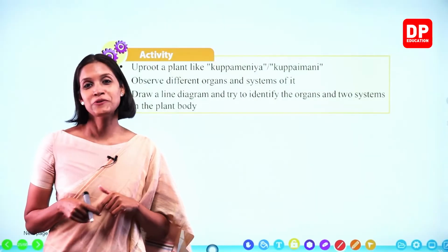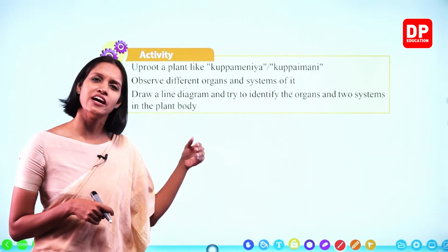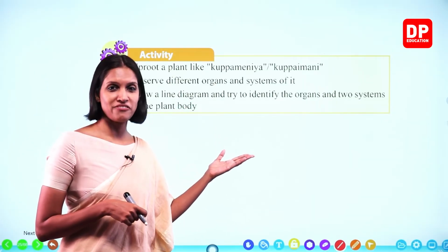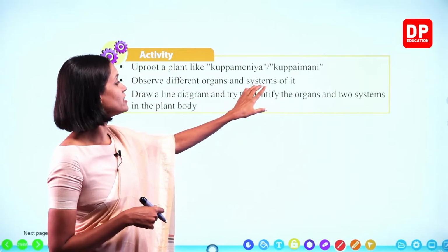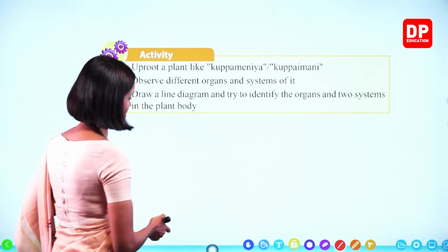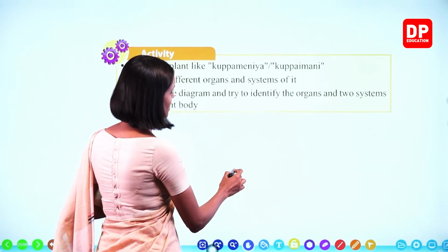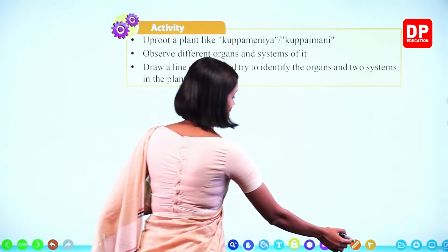Right, children. So you all observed the plant body. It was a very easy activity because we have already done this in the previous lessons. Okay. So draw a line diagram and try to identify the organs and two systems in the plant body. Now we studied that. We'll do this one now. It's very easy. You all can do this before me, okay? Right.